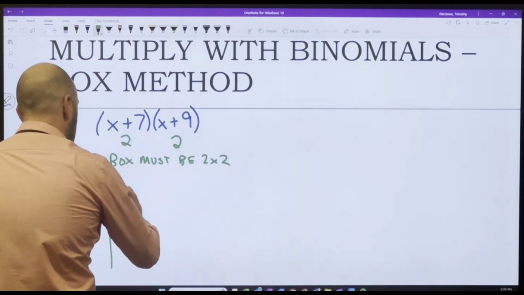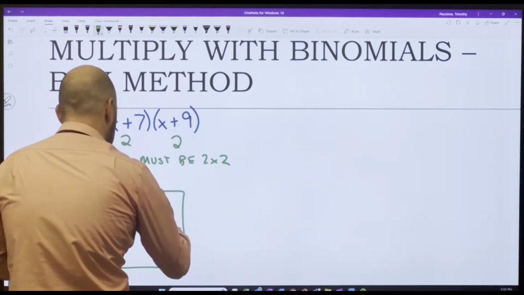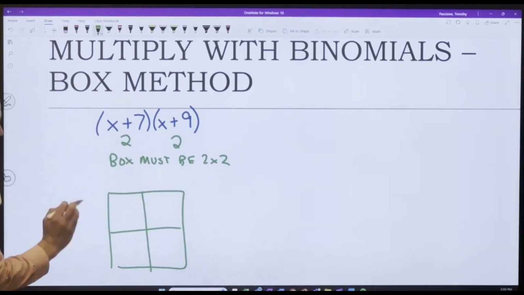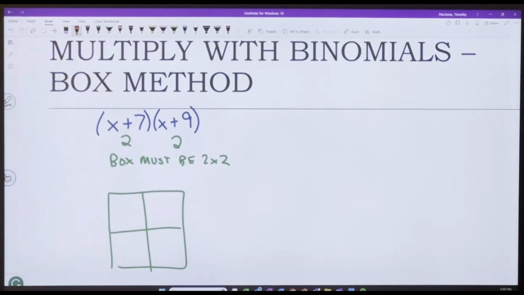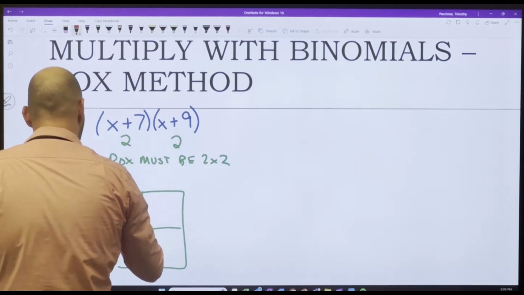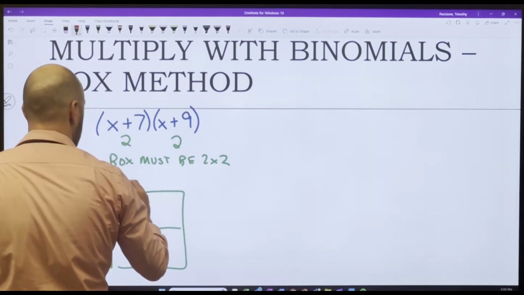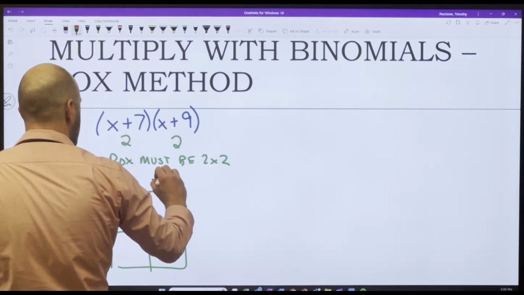Meaning, boom, boom, like that. 2 by 2. And then that gives me a spot for every term.